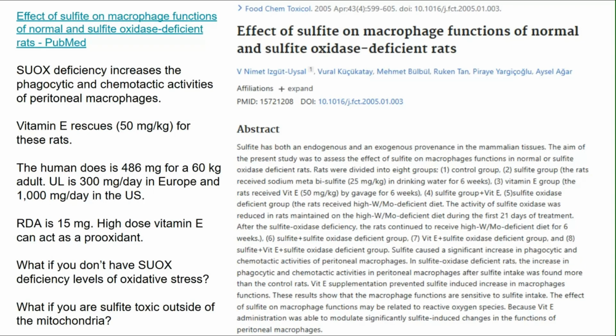There was a study done on the effects of sulfite on macrophage function in normal and sulfite oxidase deficient rats. And what they found was that sulfite oxidase deficiency increases the phagocytic and chemotactic activity of macrophages in the peritoneum. So they become way more active macrophages when there's sulfite laying around.